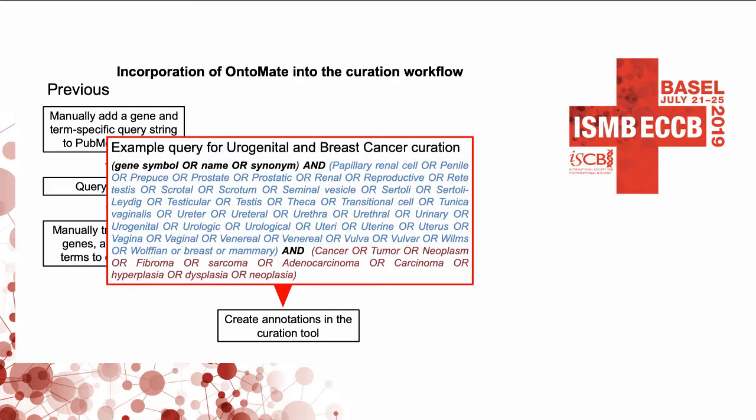And this is actually a string that was used for searching PubMed to do urogenital and breast cancer curation. And you can see that it's very long, and it's a very complex query that was trying to grab everything that a researcher could have used to refer to a particular disease and get the ones that we needed and not get the ones that we didn't.